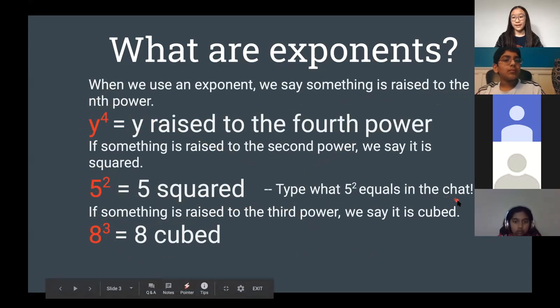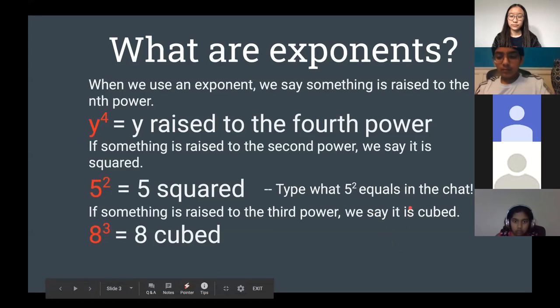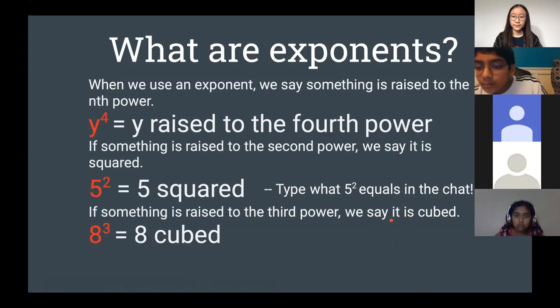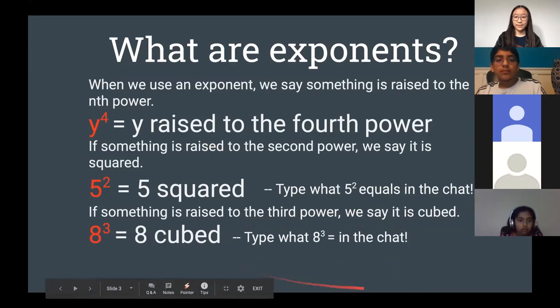All right, type what 5 squared equals in the chat if you know it. Yeah, y'all got it. 25. Good job. Excellent, okay. Now what is 8 to the 3rd power? 8 cubed.